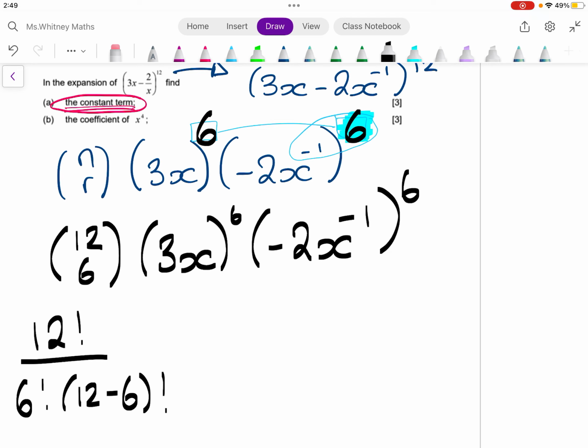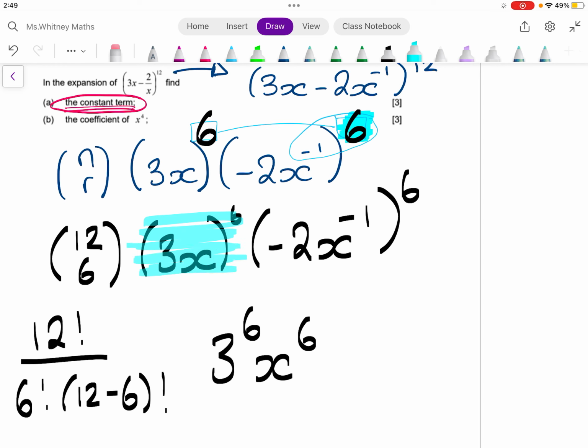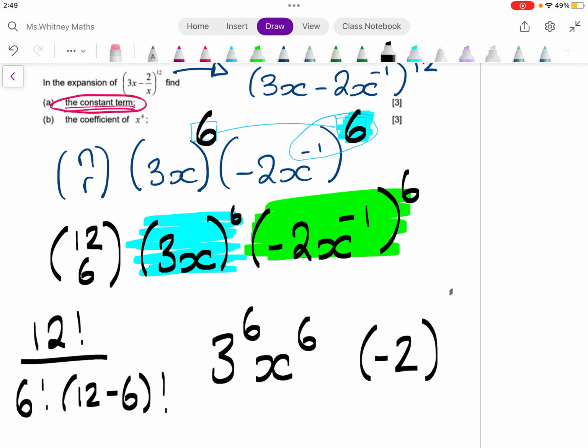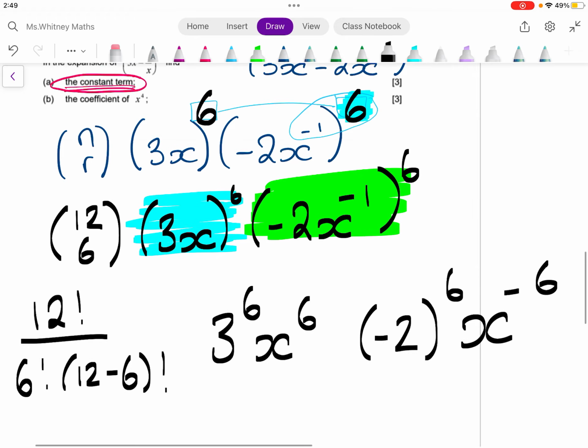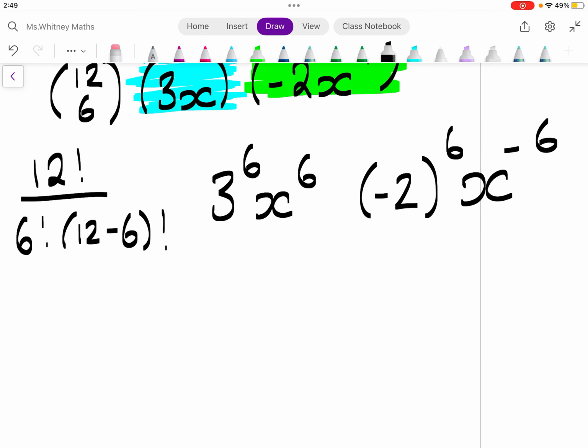Okay, and then here, be mindful, although our x's are going to cancel, we actually have 3 to the 6, x to the 6. That is this bit here. Okay, and then this bit here is going to become negative 2 to the 6, x to the minus 6. And we're timesing all of these things together.